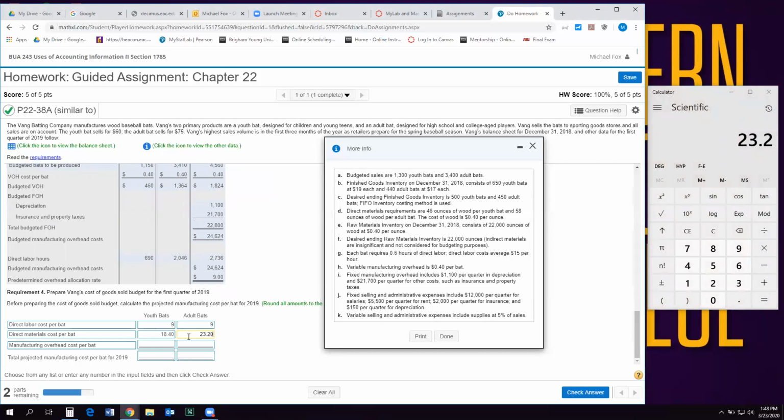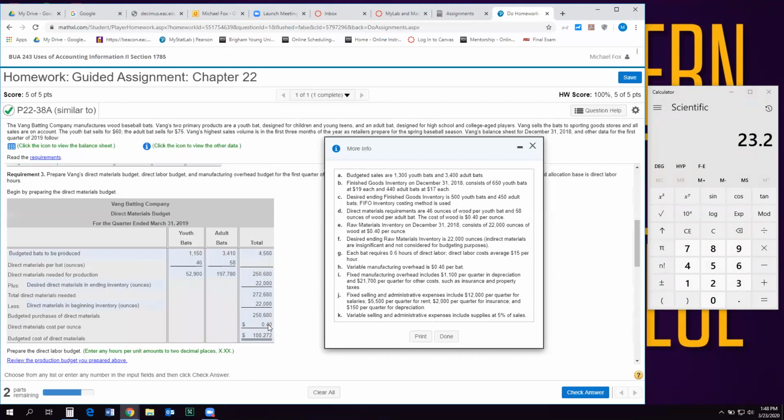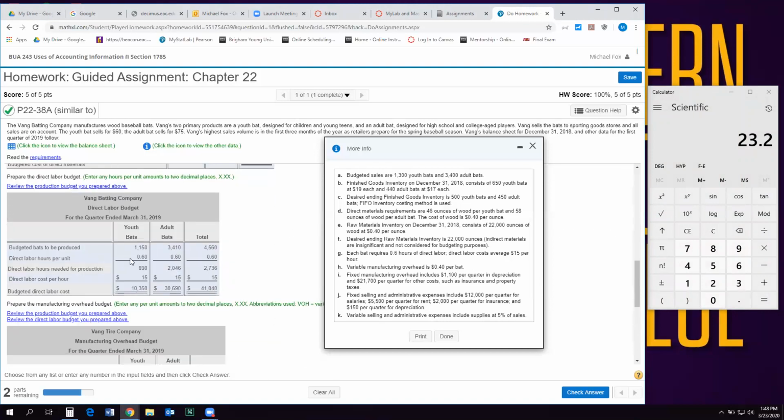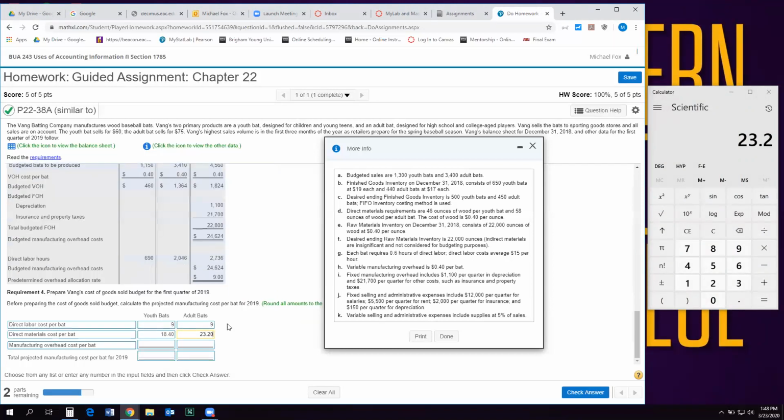And our manufacturing overhead cost per bat, again, is based on direct labor hours. And we know that we allocate $9 per direct labor hour. So if we remember up on our direct labor budget, it takes 0.6 direct labor hours for either the youth bat or the adult bat. So 0.6 direct labor hours times $9 per hour, so 0.6 times 9 is $5.40 manufacturing overhead per bat.